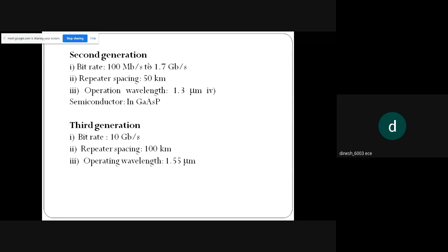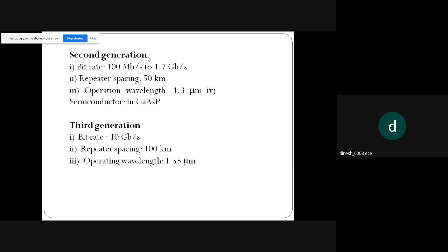If I want to place a repeater station at every 10 kilometers, for example, assume 100 rupees is the charge. But when it was deployed in the second generation, it was 1/5 of that, since the repeater station deployment was at 50 kilometers. The operating wavelength was 1.3 micrometer, and the semiconductor used was InGaAsP, indium gallium arsenide phosphide.